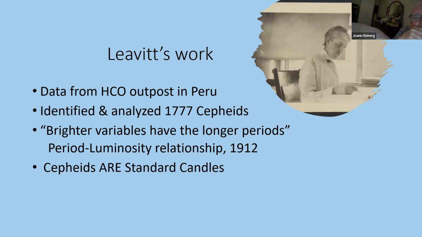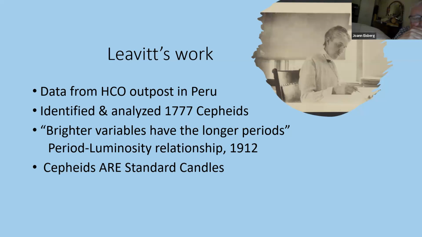She was able to identify in the large and small Magellanic Clouds, in the course of working on this over some decades, and analyzed 1777, let's put it that way, stars that had the variable qualities of Cepheid stars.